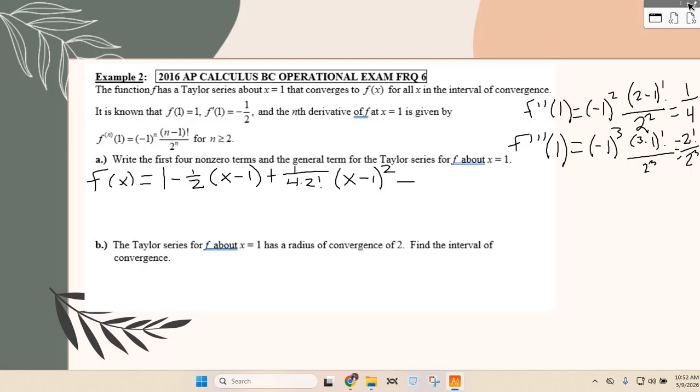We don't have to find the actual value. So we have minus 2 factorial on top and 2 to the 3rd with a 3 factorial on the bottom times x minus 1 to the 3rd power. So those are our first 4 terms.